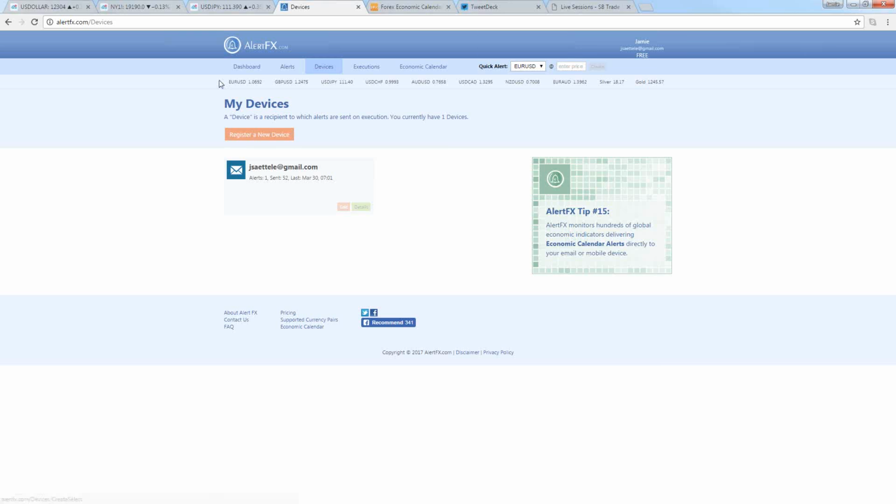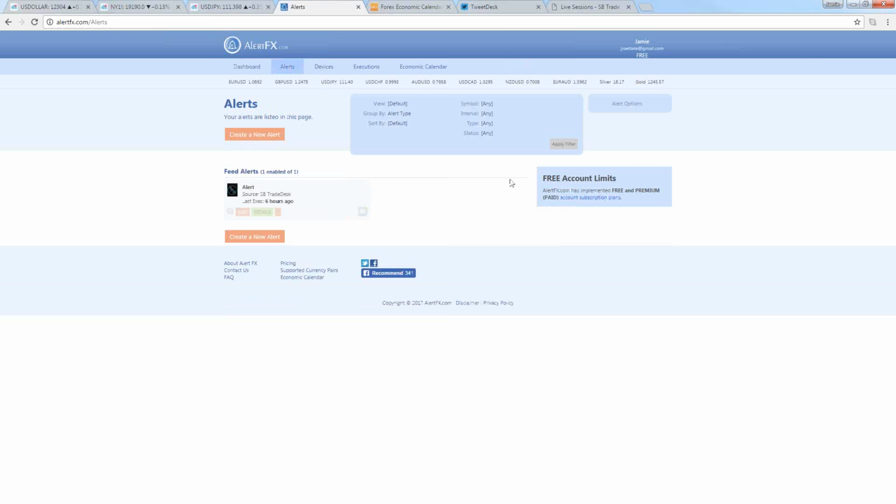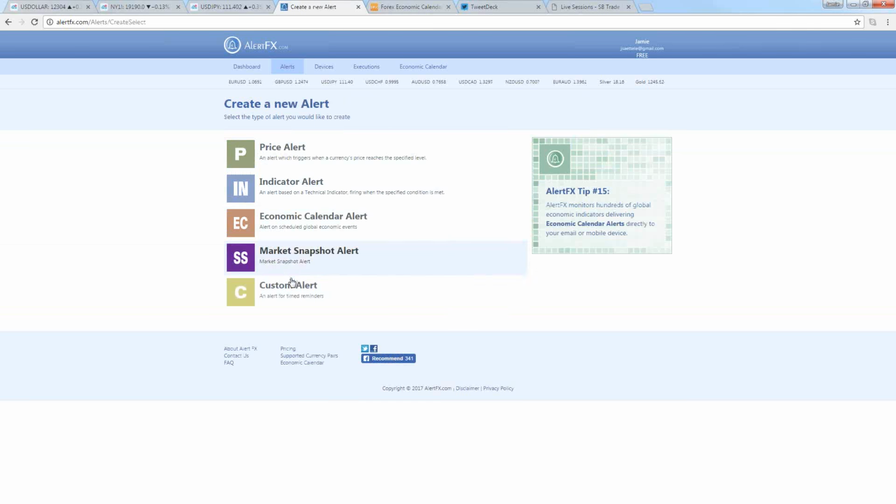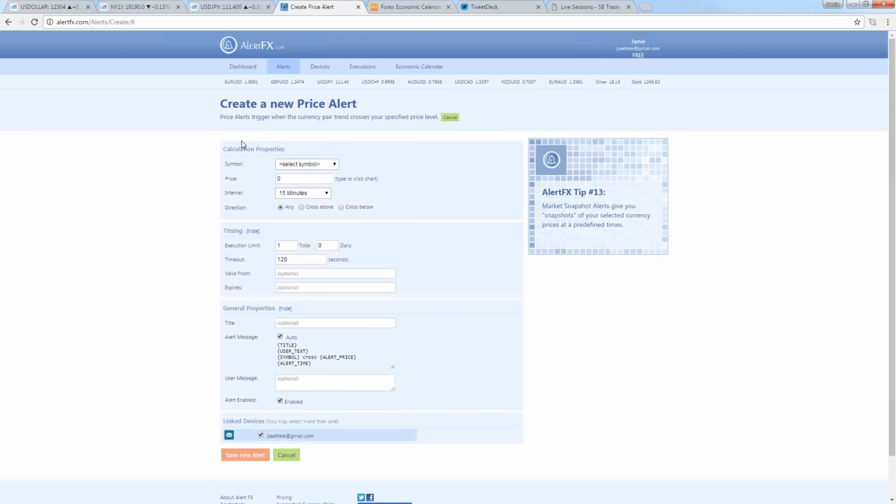And also you can actually add your own alerts. This is a totally different website, but if you wanted to create an alert, you can do that. Say you wanted a price alert.